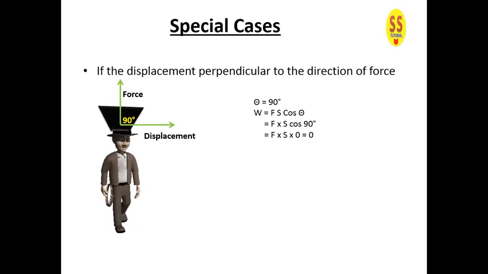This is called zero work. Similarly, if any object is moving in a circular path, then it also has zero work done, because, as I discussed in our previous class about circular motion, the direction of the motion is always tangent to the circle, so it is at 90° to the centripetal force. So the total work done is calculated to be 0.